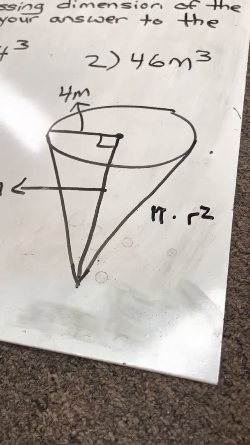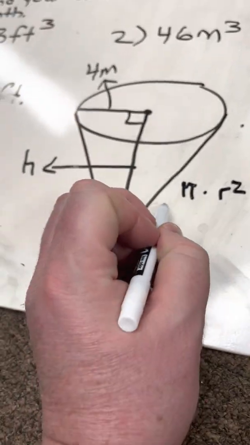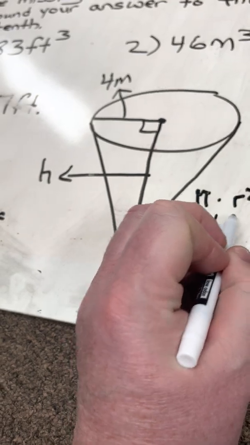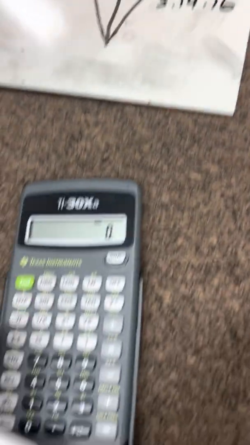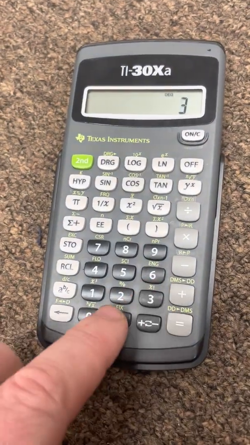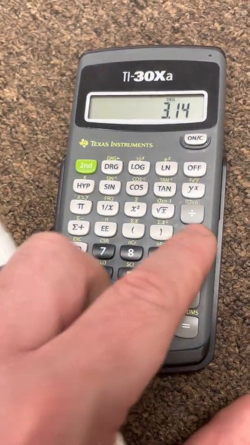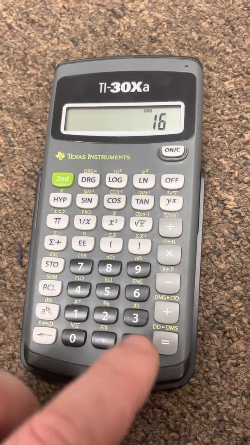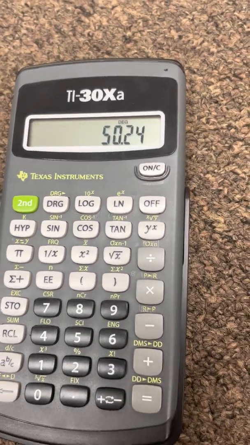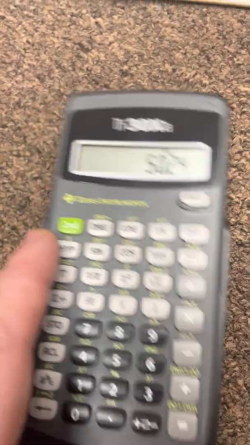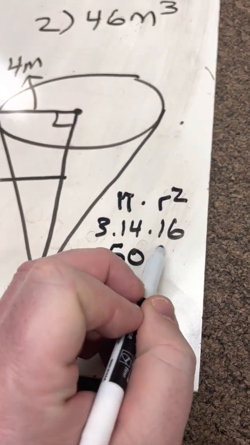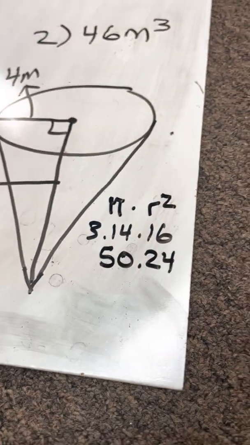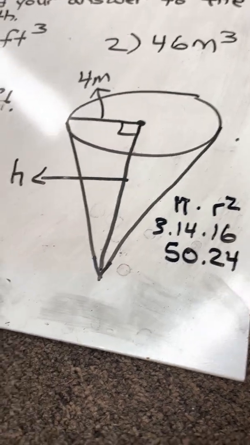So I'm going to take pi, which is 3.14, and multiply that by 16. 3.14 times 16 equals 50.24. That's the area of the base.